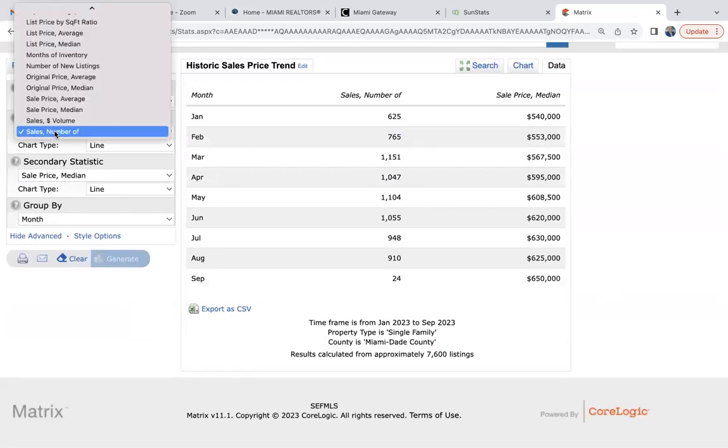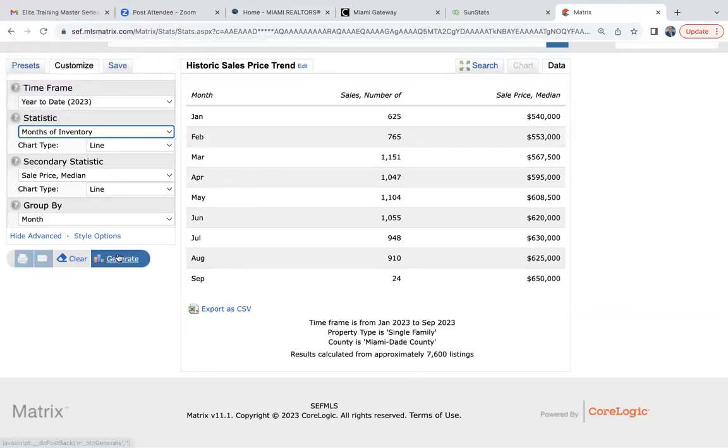Let's say for column number 1, you wanted to put in there months of inventory, and then also the median sales price. I think the reason why it takes too long is because I'm doing all of Miami-Dade County. So let's be a little patient here and wait for the numbers to compute, and then we'll have a better idea of what's going on.